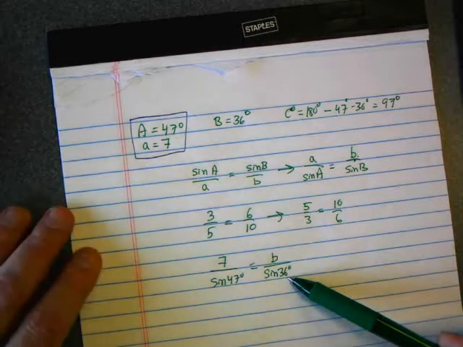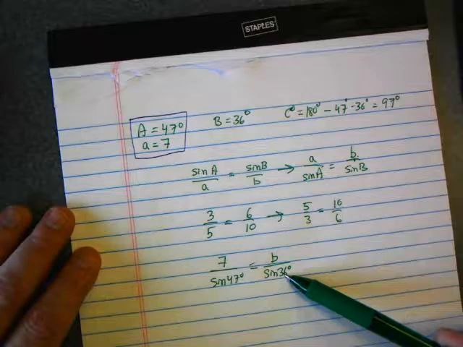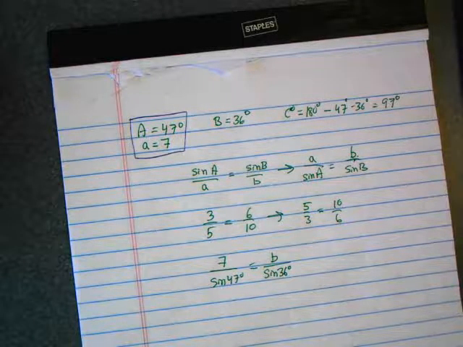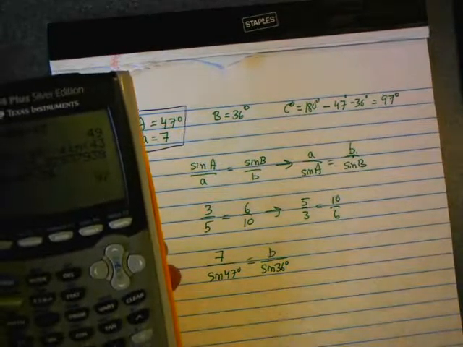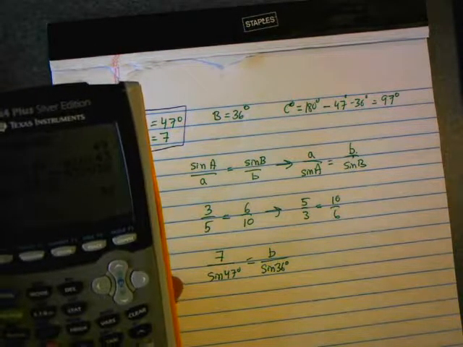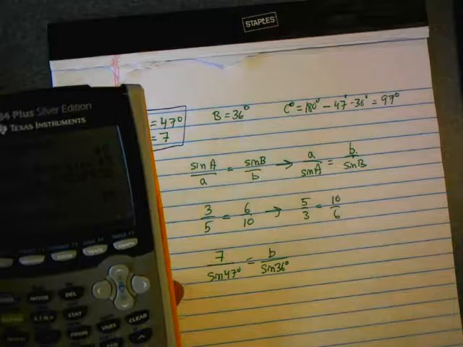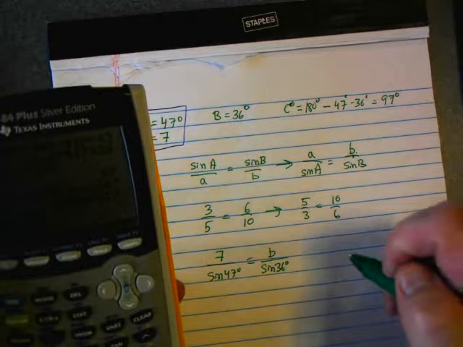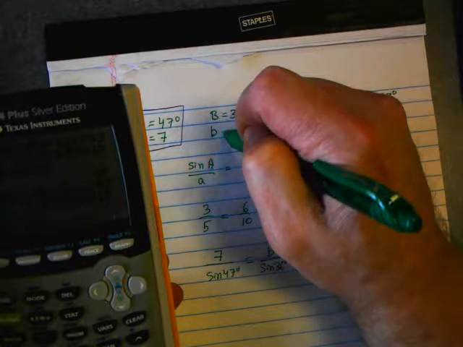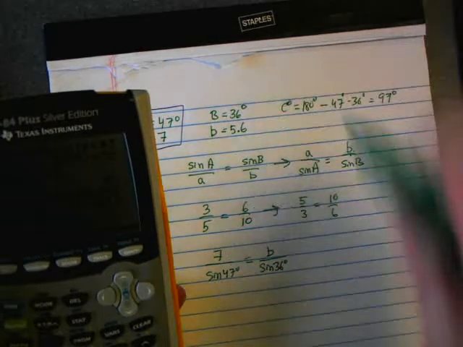Multiply both sides by sine 36. That's exactly right. So I just take my calculator, and I don't have to do the cross multiply thing. It makes my life a little bit easier. 7 times sine 36 divided by sine 47. So little b is 5.6.